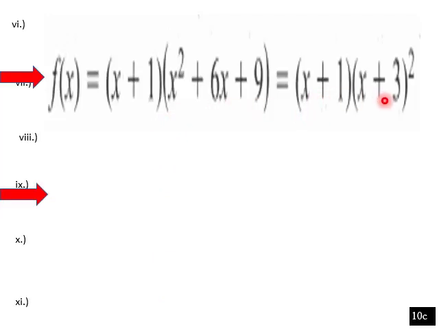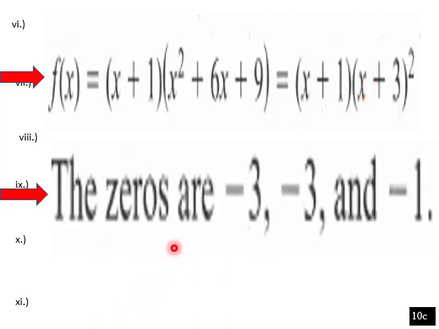And let's see, x plus 1, x plus 3 squared. So -3 is why there are 2 solutions at -3. So the zeros are -3, -3, and -1. Usually when you have 2 solutions at a place on the x-axis, the graph will come down, touch it, and then go back up, and it crosses through at -1. That's when you have 2 solutions at -3.